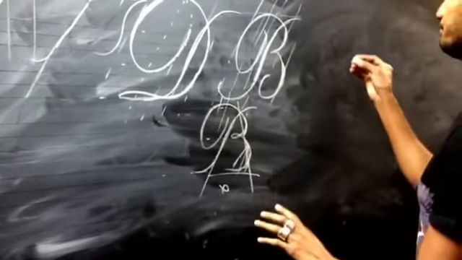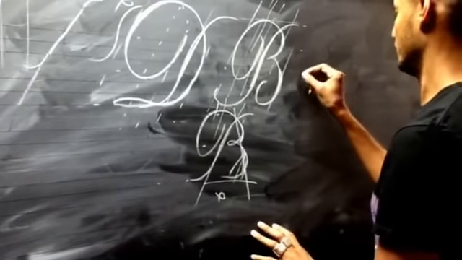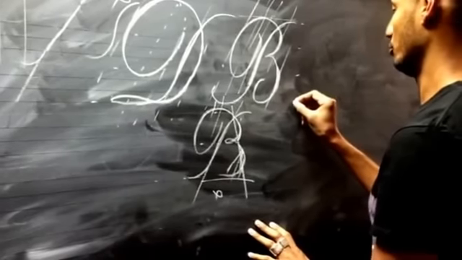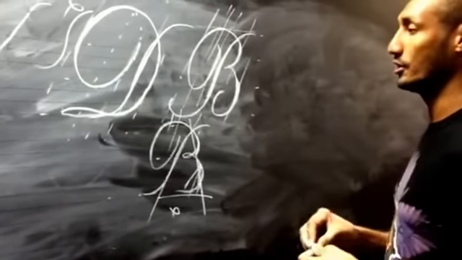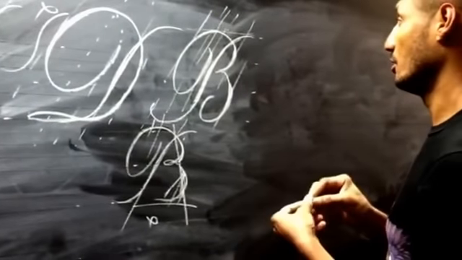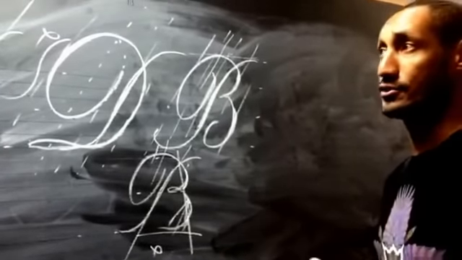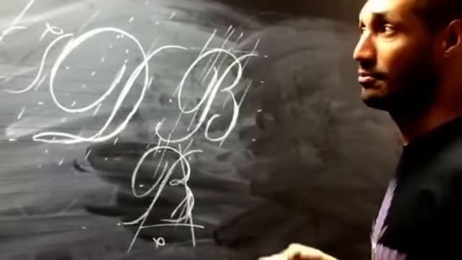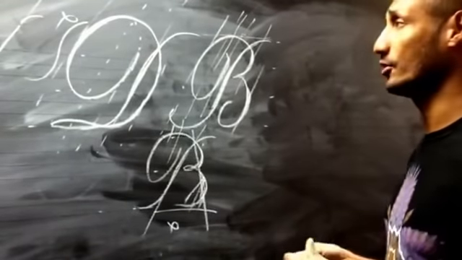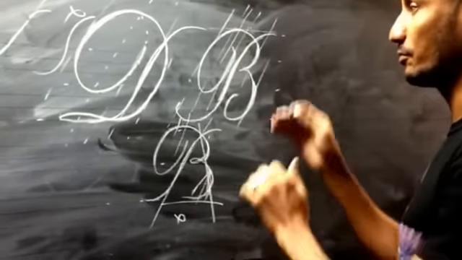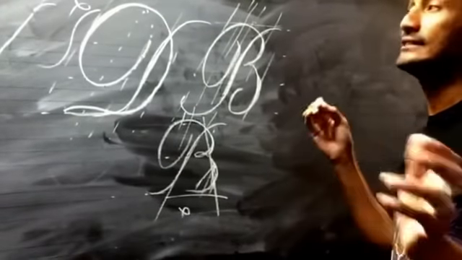And the E. 1, 2, 3, 1, 2, 3, 1, 2, 3. Now notice I'm keeping a note of the lines that I'm working in. I've been doing this script for the better part of 25 years and I still keep this note. So if you think you could crack this script without keeping a note of the lines, then that's great.